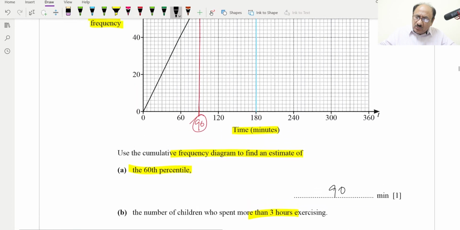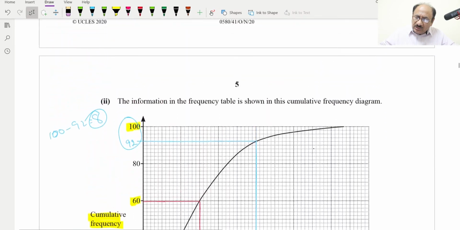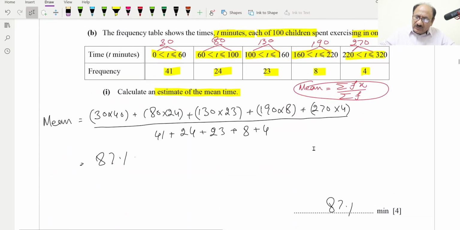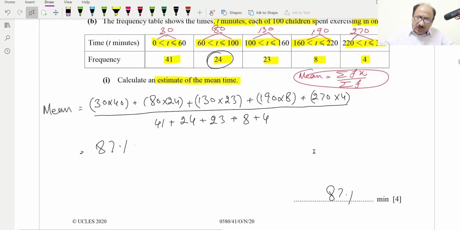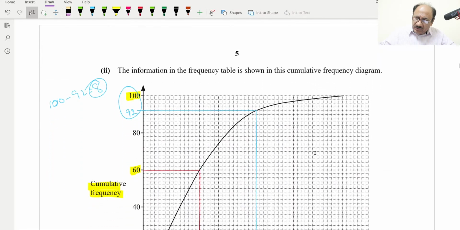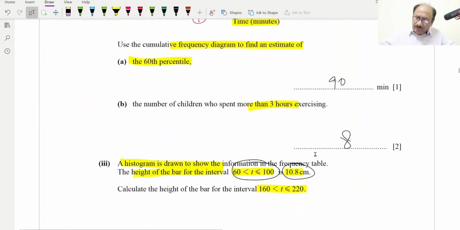So 60 to 100 range is having frequency of how much? 60 to 100 is having frequency of 24. So 24 we will divide by the class width.